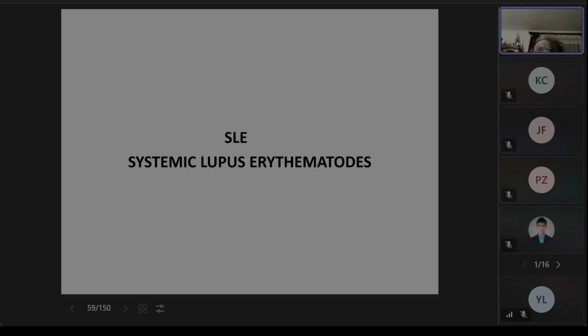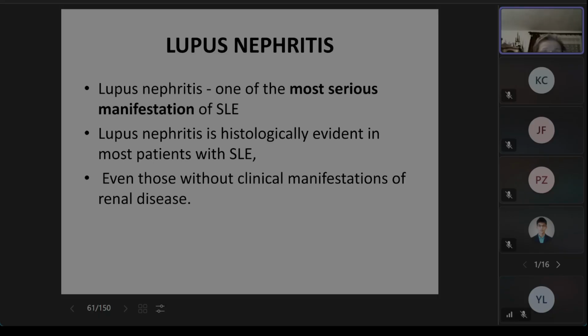Okay, now I suppose I have some time to show you some information about systemic lupus erythematosus. As you may know, systemic lupus erythematosus is a systemic disease, much more frequently observed in women, usually adult women, than in men.